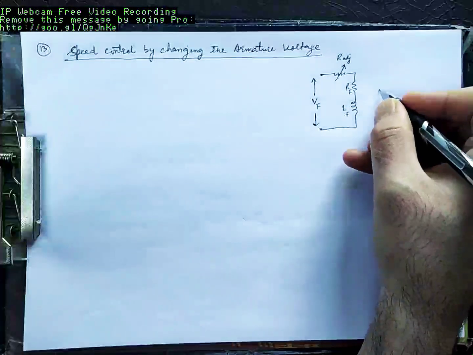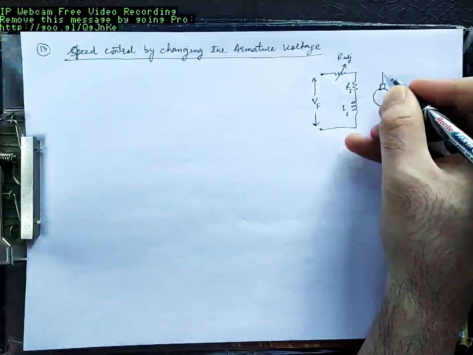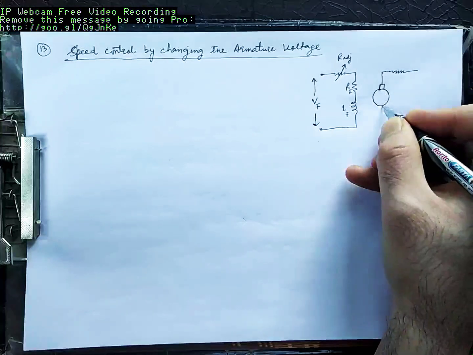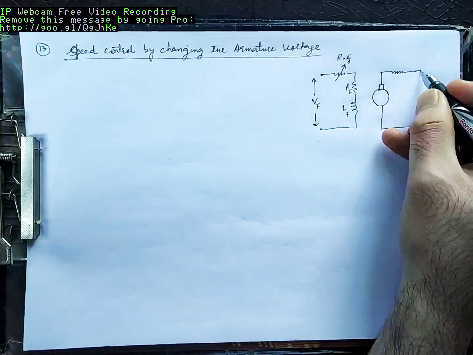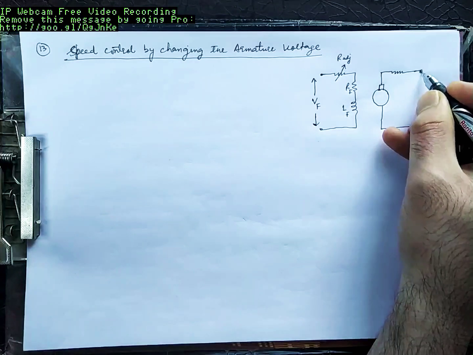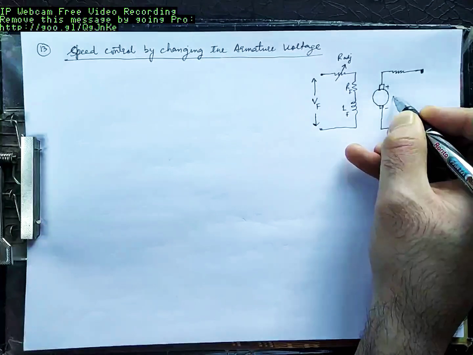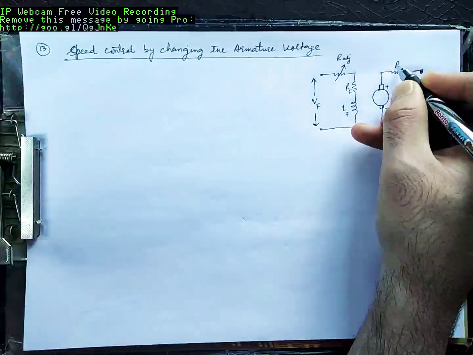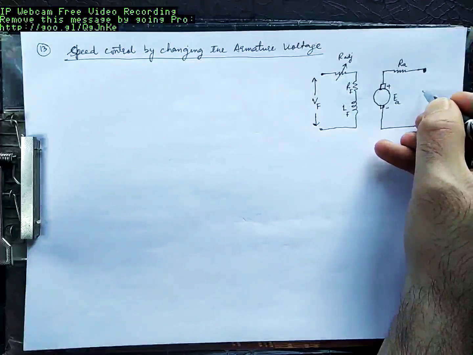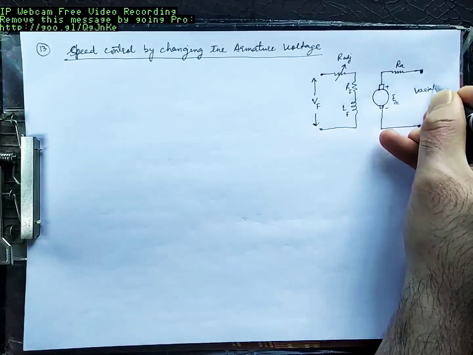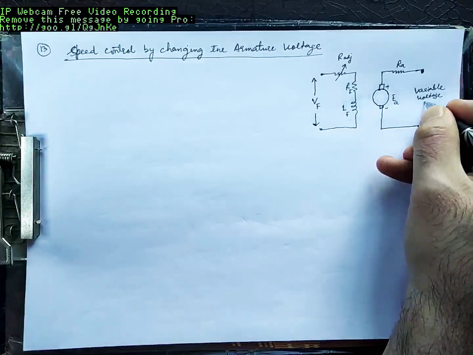On this side, armature resistance, this is EA, RA, and this is variable voltage VT.